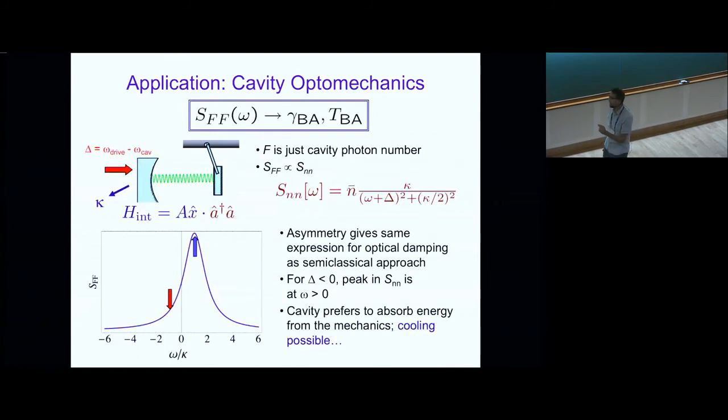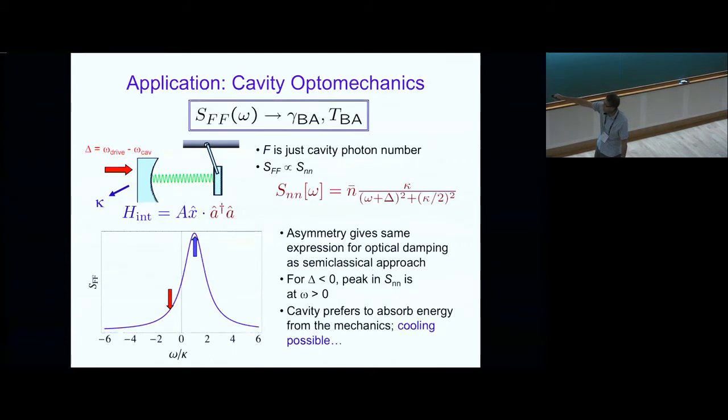So if I pick a red detuning, which means delta is negative, this Lorentzian is centered on a positive frequency. In particular, imagine I pick the detuning to be minus omega mechanical. So I drive with the red detuning equal to the mechanical frequency. Then the peak of the Lorentzian is sitting right at S_FF of plus omega m.